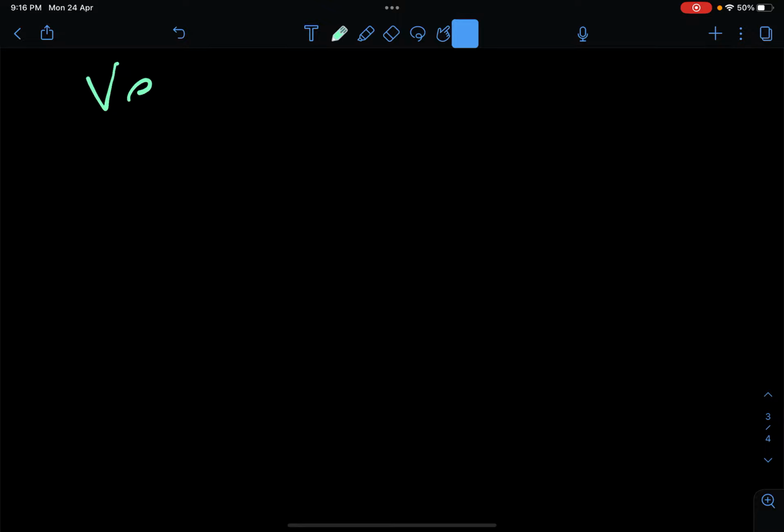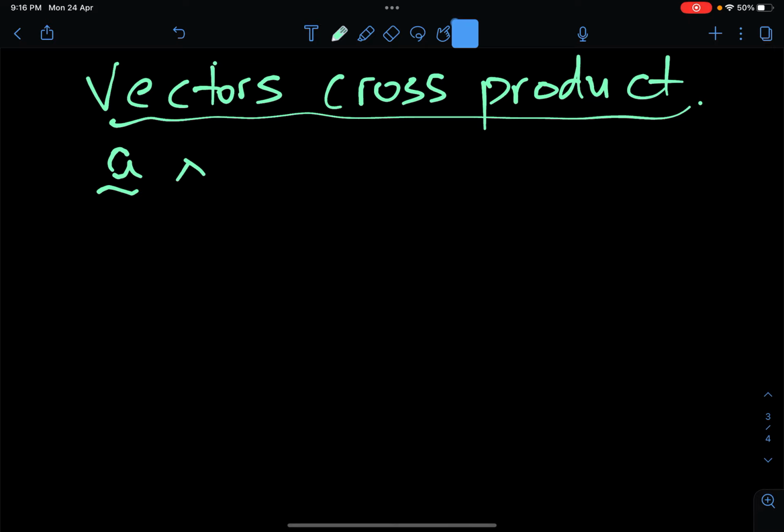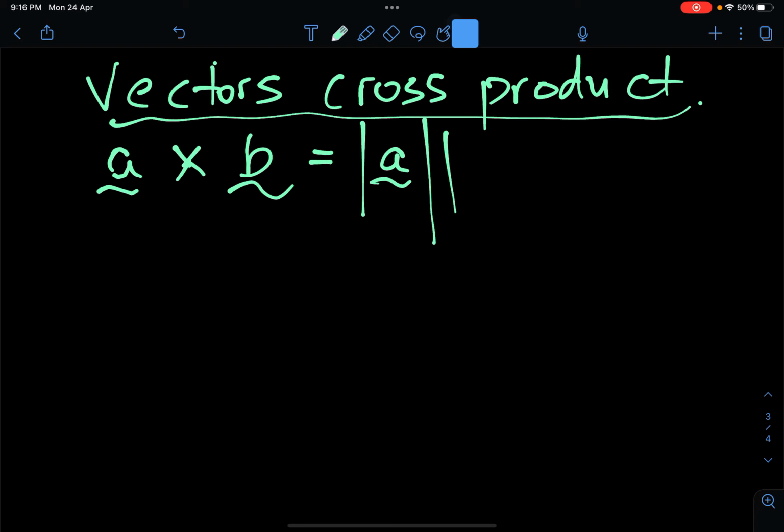So vectors cross product. If we have vector A cross with vector B, the formula is mod A mod B sine theta n cap.